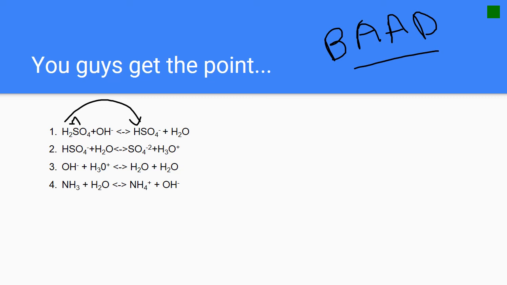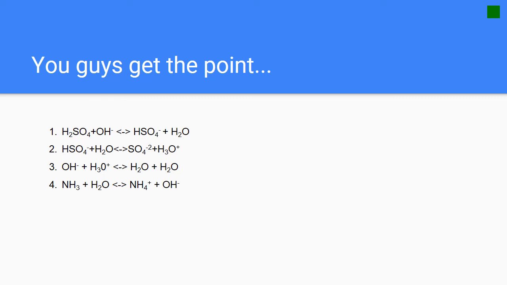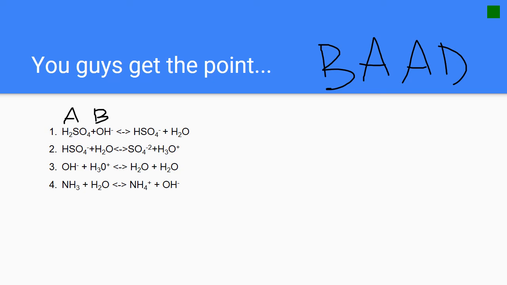Sorry, that was an ugly A. But this would be the acid, and then this would become the base, because bases accept. And if you look over at our water here, we actually accept a hydrogen.